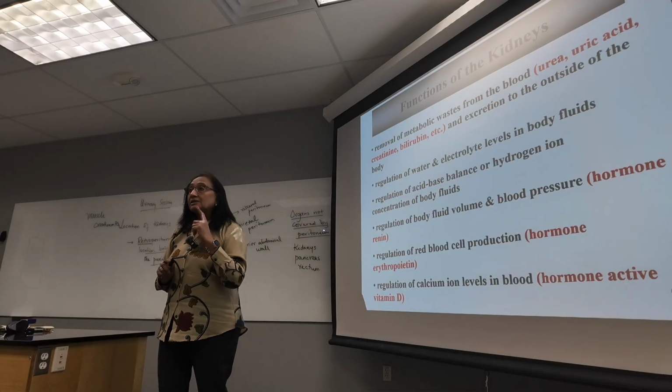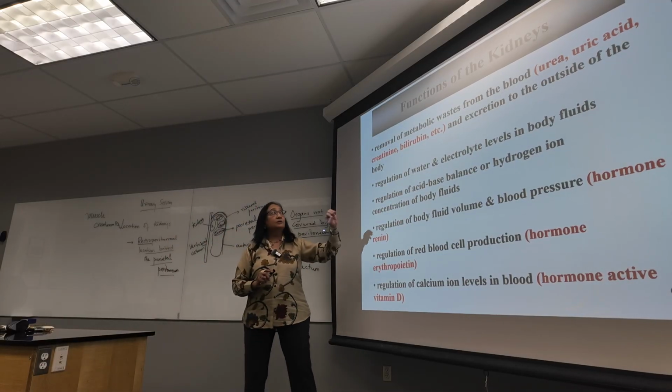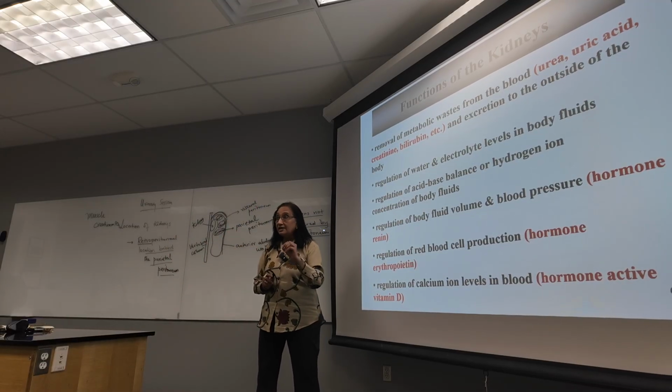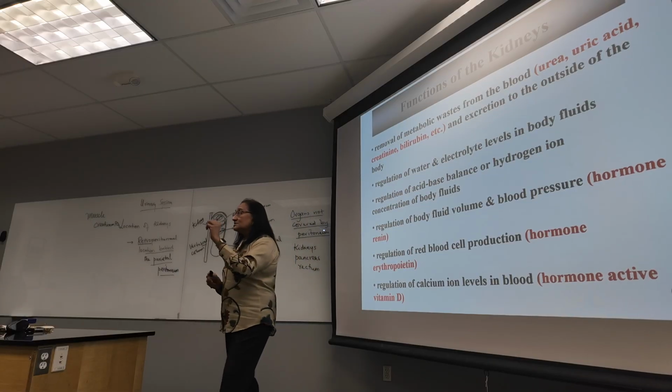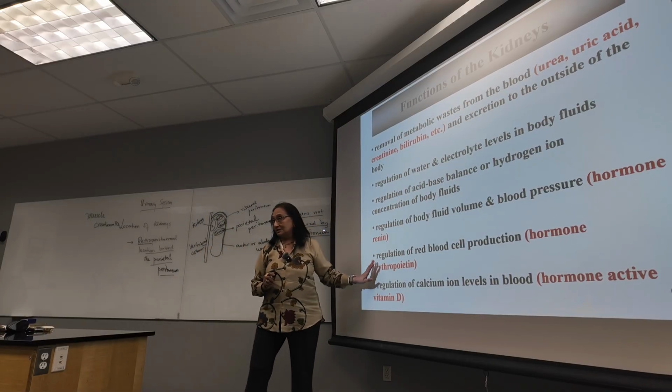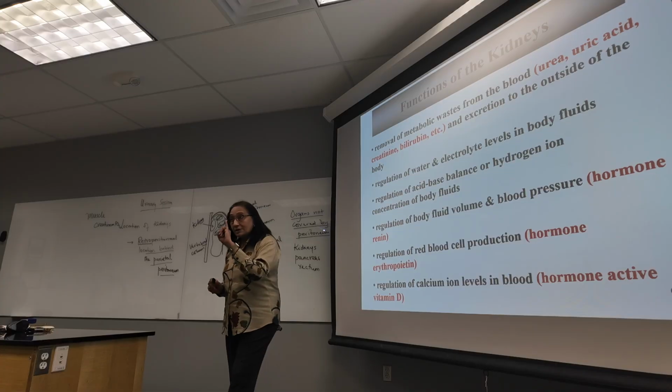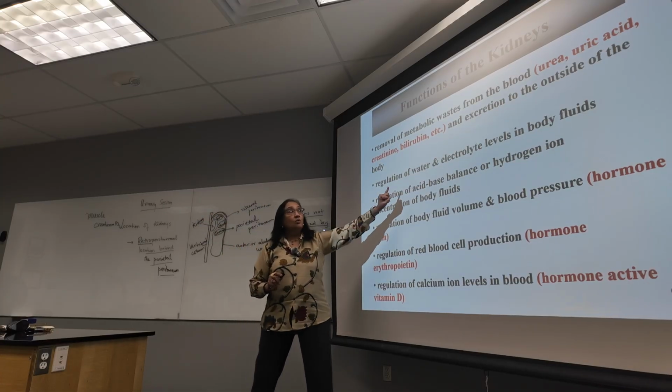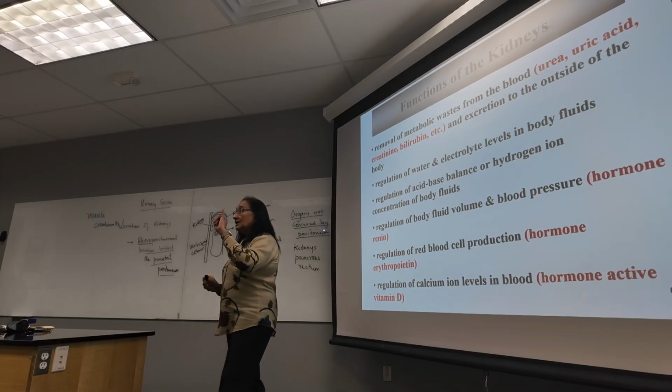But apart from that, the kidney has innumerable functions which are very important. So if the kidney is damaged, all of this will be affected. Water balance will be affected.